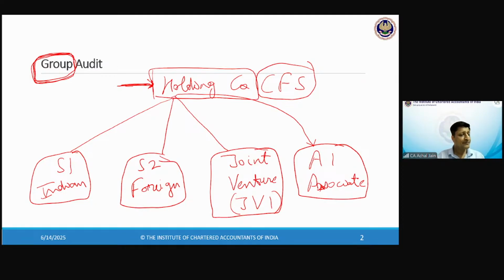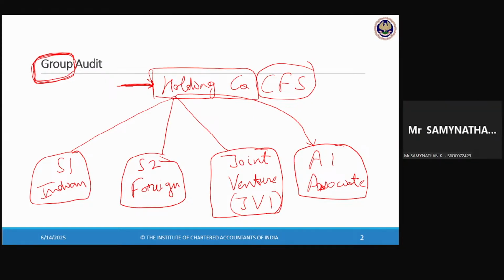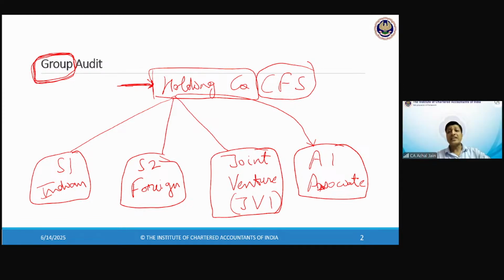Over to you quickly. Subsidiary company, joint venture, associate. Okay, that is about the structure. I'm saying when it comes to the financial statements, what all components do you have? What are the components of the financial statements?